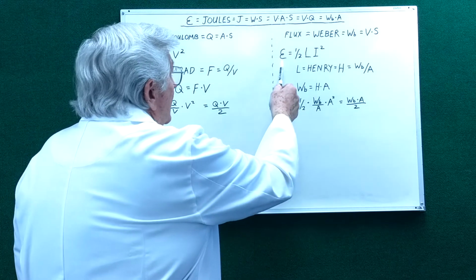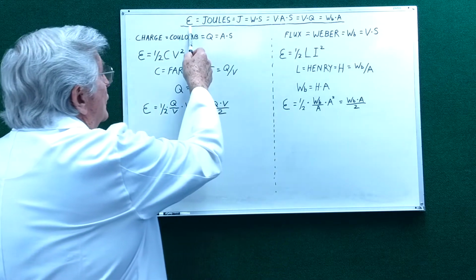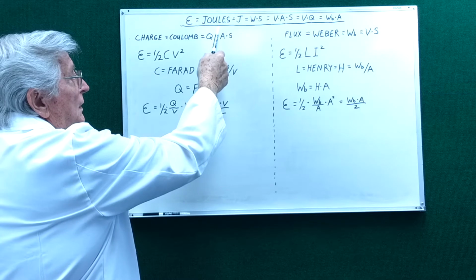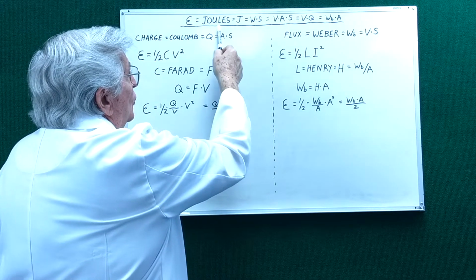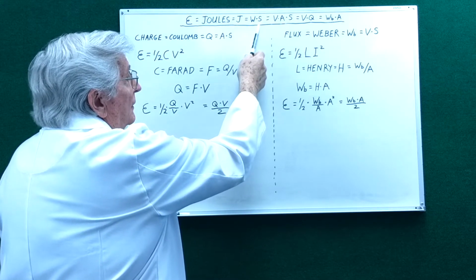So at any rate, in the International System of Units, energy is defined as joules, which is given the symbol J, and a joule is equivalent to a watt for a second.